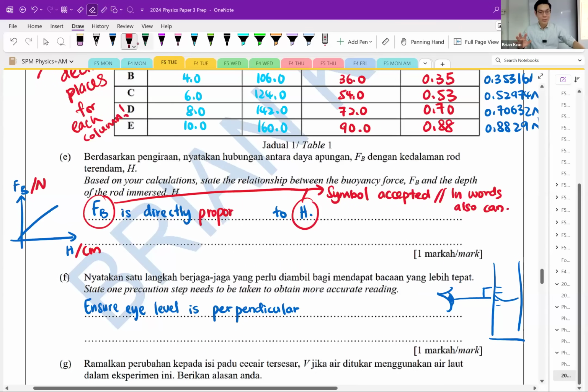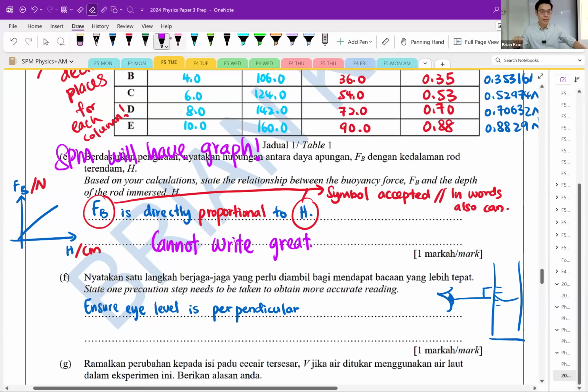Sorry, I just realized I spelled proportional wrong. Cannot write the greater, the greater. Your paper will have graph. Cannot write greater, greater here.